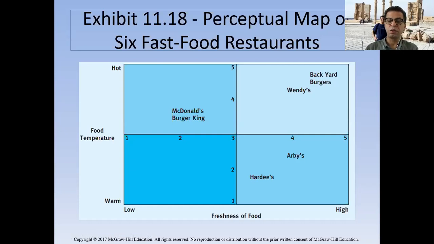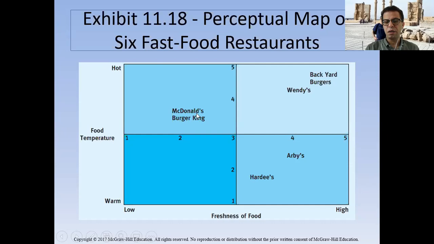This is how it makes it clear for management to see where they fit, where the competition fits, and where they want to be. Let's give an example: McDonald's and Burger King are very low in freshness, and average in hotness and freshness.